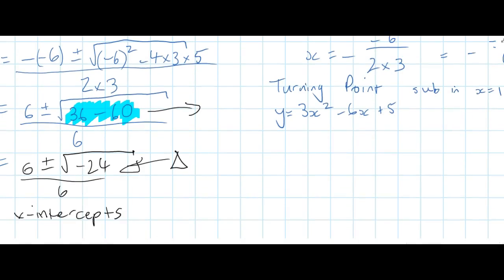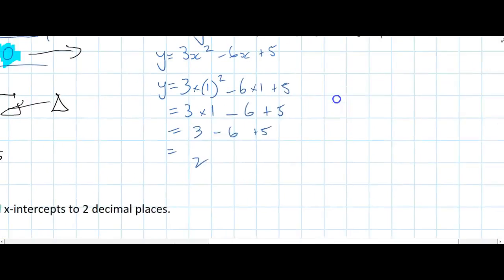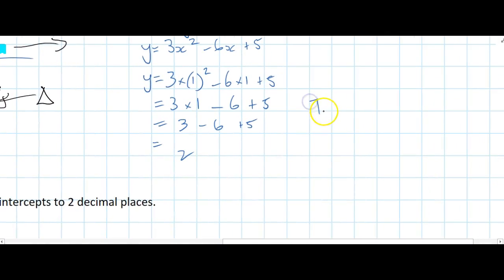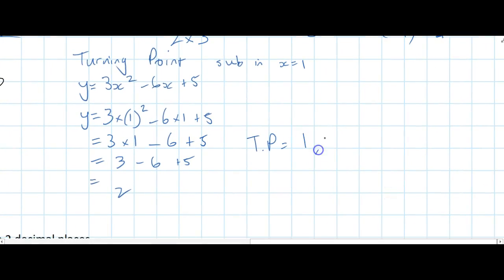Now if I sub in x equals 1, I get y equals 3 times 1 squared minus 6 times 1 plus 5. 3 minus 6 plus 5: 3 minus 6 is negative 3, plus 5 is 2. So my turning point, TP for short, is going to be 1, 2.